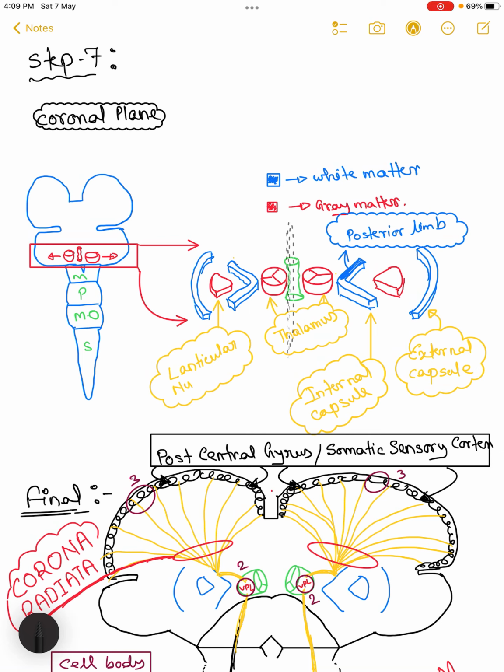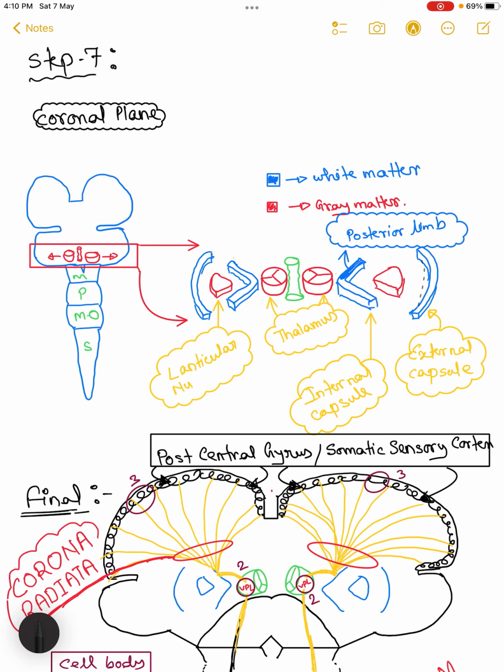Okay. Now we are moving. This is our medial, our middle portion. Now we are going to move from the middle to the lateral side. Laterally we will see this structure known as what? Internal capsule. Lateral to that we will find this red structure known as the lenticular nucleus.